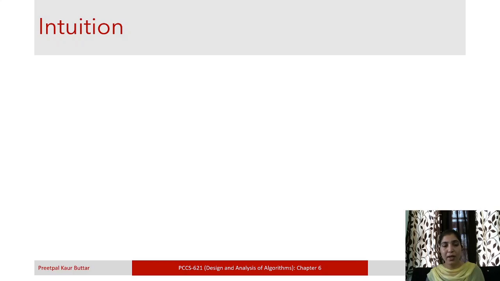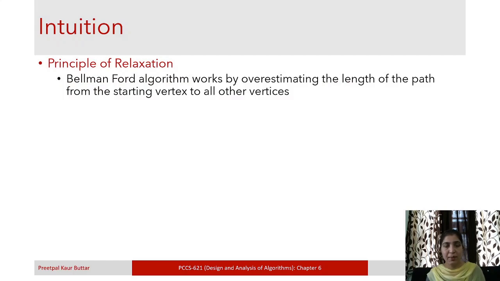So let us look at the intuition behind it. The intuition is the principle of relaxation. The Bellman-Ford algorithm works by overestimating the length of the path starting from the source vertex to all other vertices. So at the very first iteration, it overestimates the length of the path.